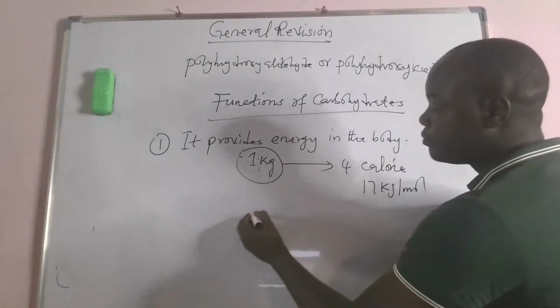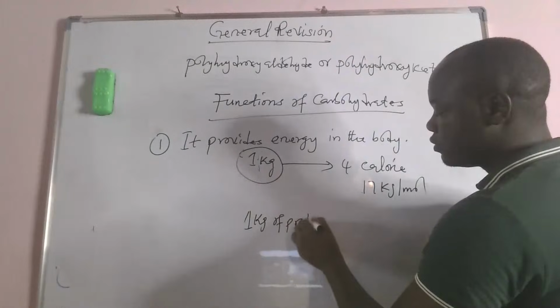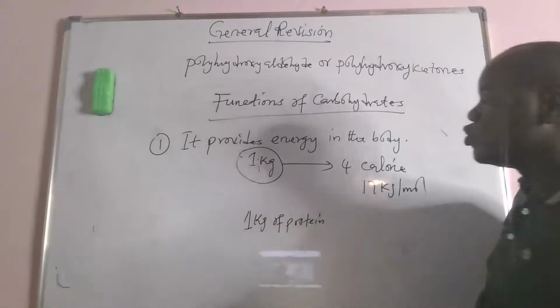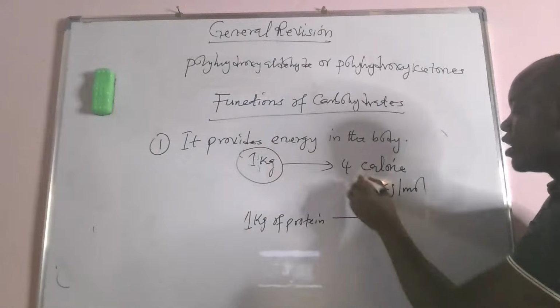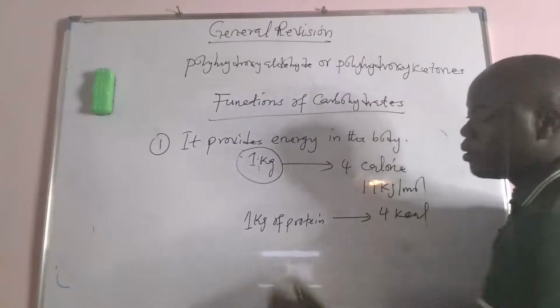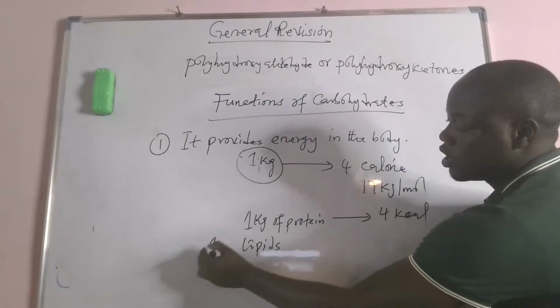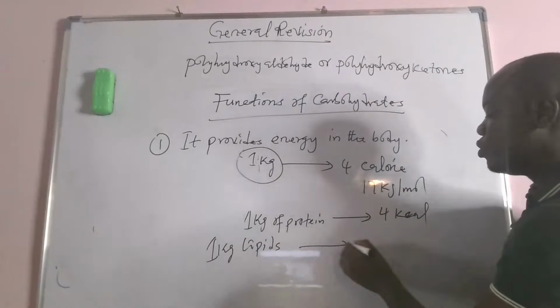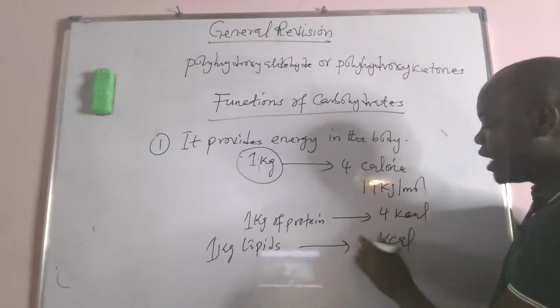At the same time, 1 kilogram of protein produces an equal amount of energy to that of carbohydrate, which is also 4 kilocalories. But 1 kilogram of lipid produces 9 kilocalories.